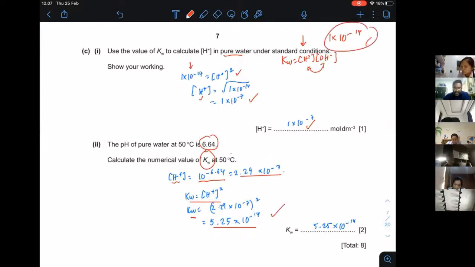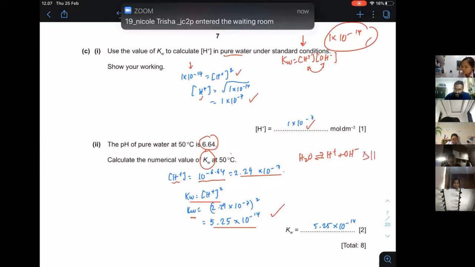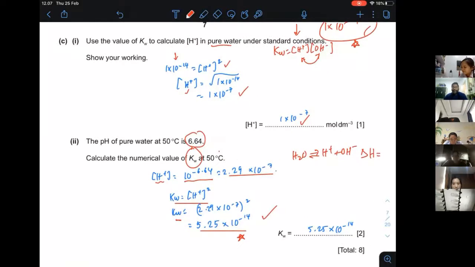Why? Because when H2O becomes H plus and OH minus, there will be a delta H. So I want to ask you now, based on the information you have, 1 times 10 negative 14 and 5.25 times 10 negative 14, whether your enthalpy change over here is positive or negative. Victoria?